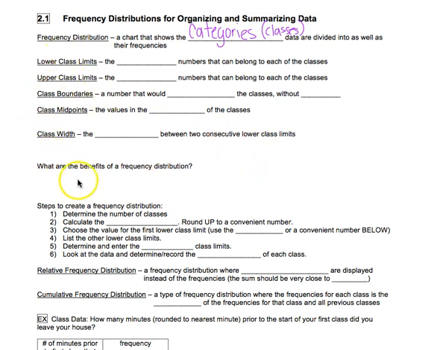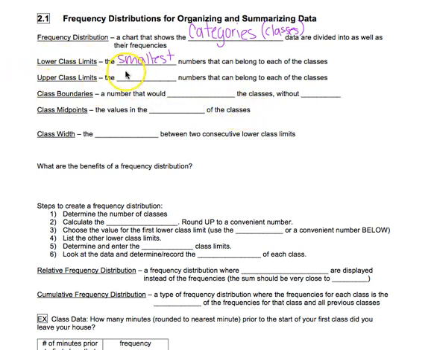So it's important that you know what these definitions mean so that when you're asked to use a lower class limit to do a calculation, you choose the right number. So the lower class limit is the smallest numbers that can belong to each of the classes.